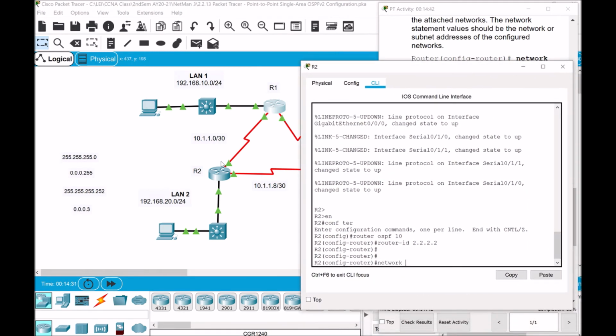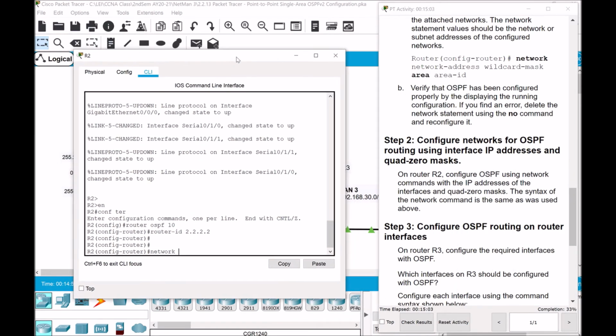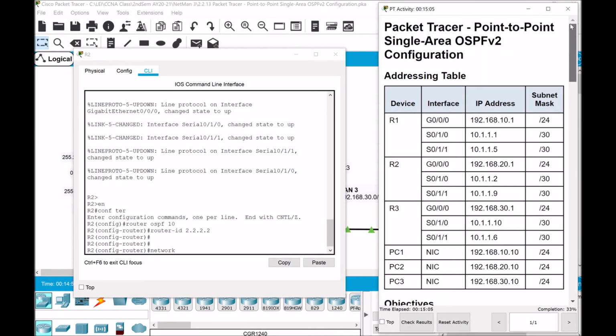Let's take a look at our R2. If we look at the interfaces, what are the IP addresses of these interfaces? These are the network addresses, of course. The addressing table we have on top of the manual might be helpful because it lists the IP addresses of the interfaces.